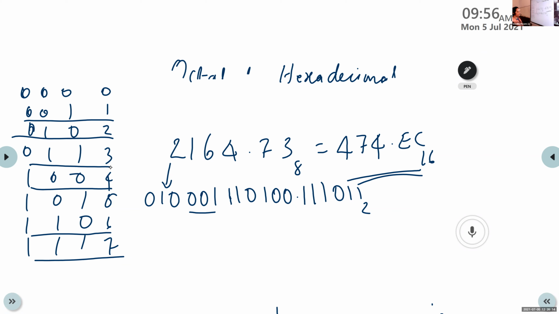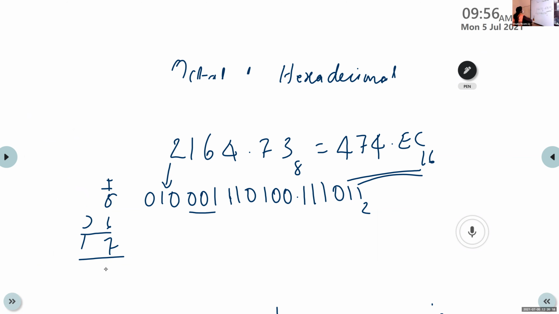Okay. Then convert this into hexadecimal using 4-bit table. So before using 4-bit table, we have to group these binary bits in groups of 4. So 1 2 3 4, first group. Second group 1 2 3 4. It is the third group.